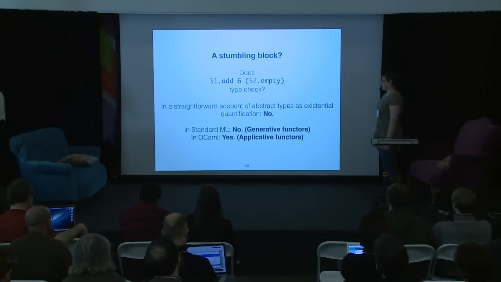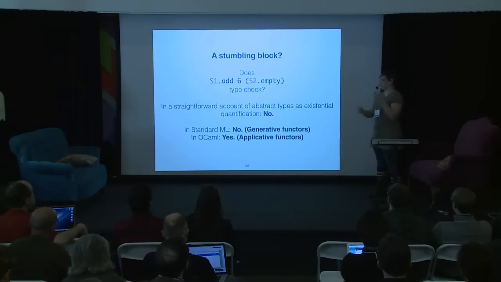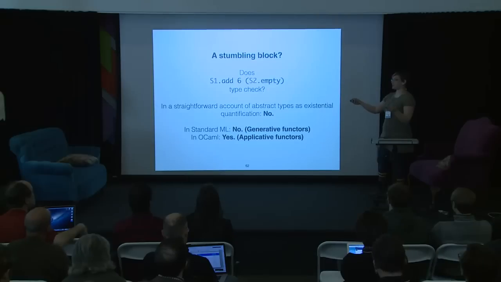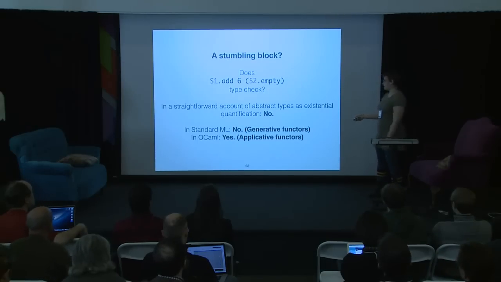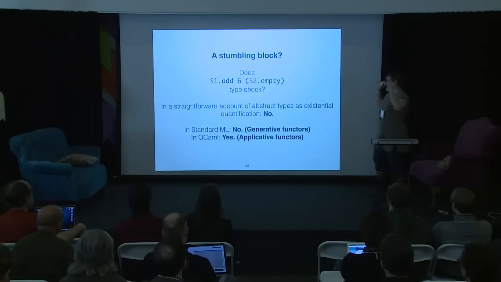On the other hand, in OCaml, if you do this, it will actually type check. It has this idea of applicative functors: if M and N are the same two modules, then F(M) should be the same as F(N). So you might think, okay, down with logic, it doesn't work.